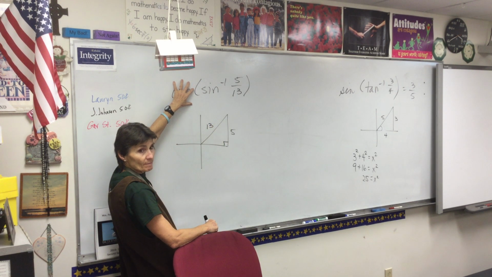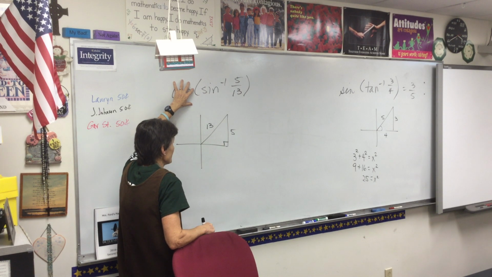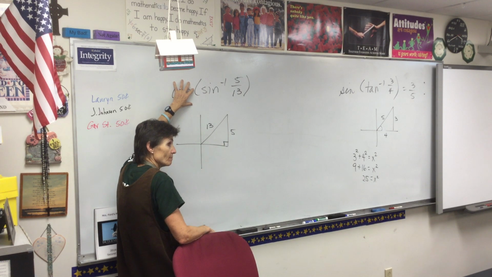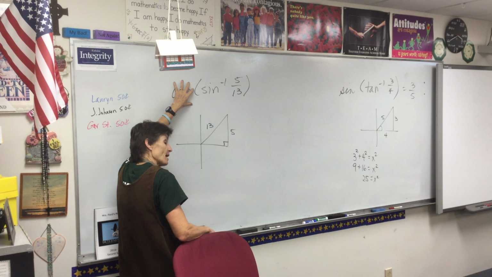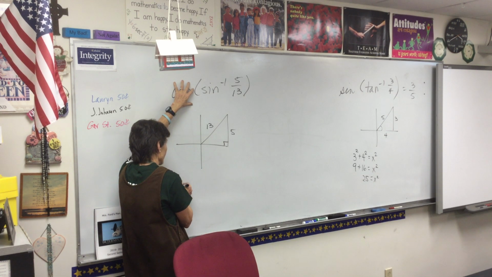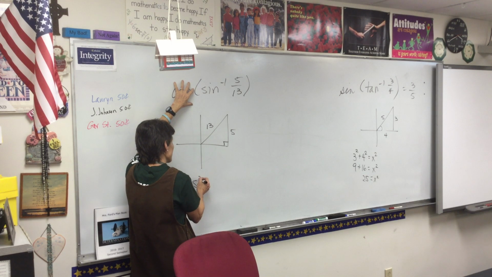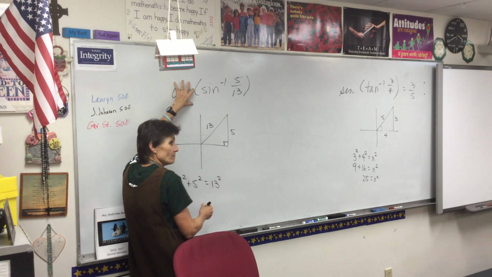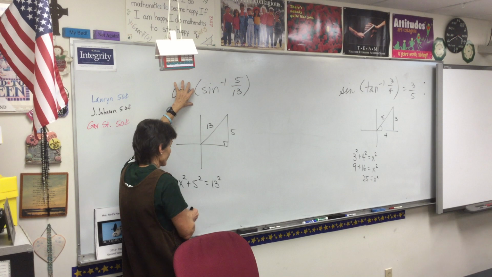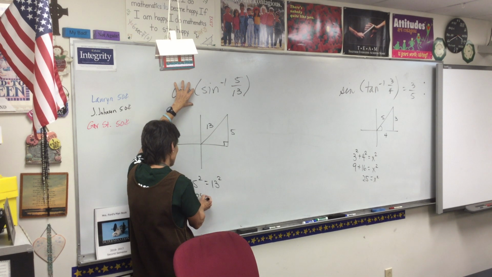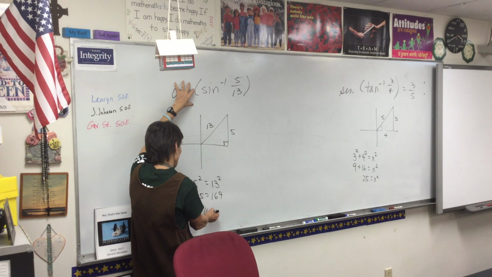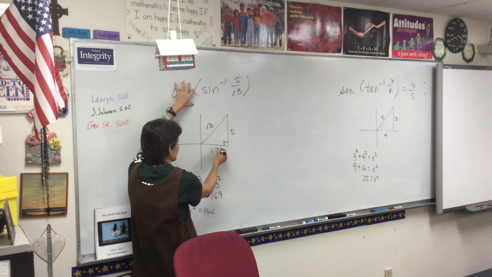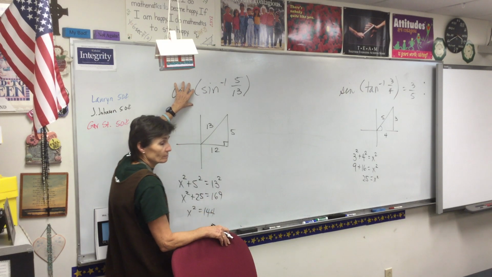Does that make sense? And then I need this one, right? And how will I find that? X squared plus 5 squared equals 13 squared. So x squared plus 25 equals 169. Yes. X squared equals 144, so x is 12.